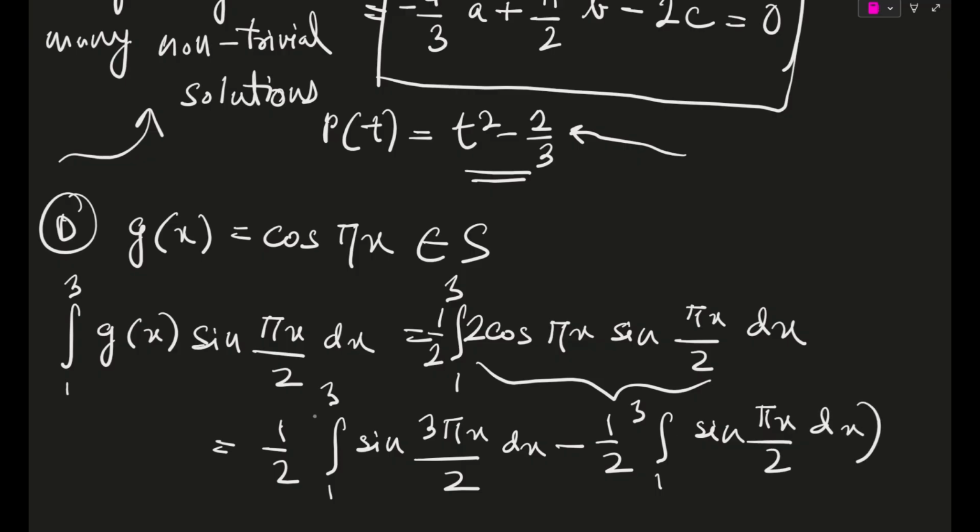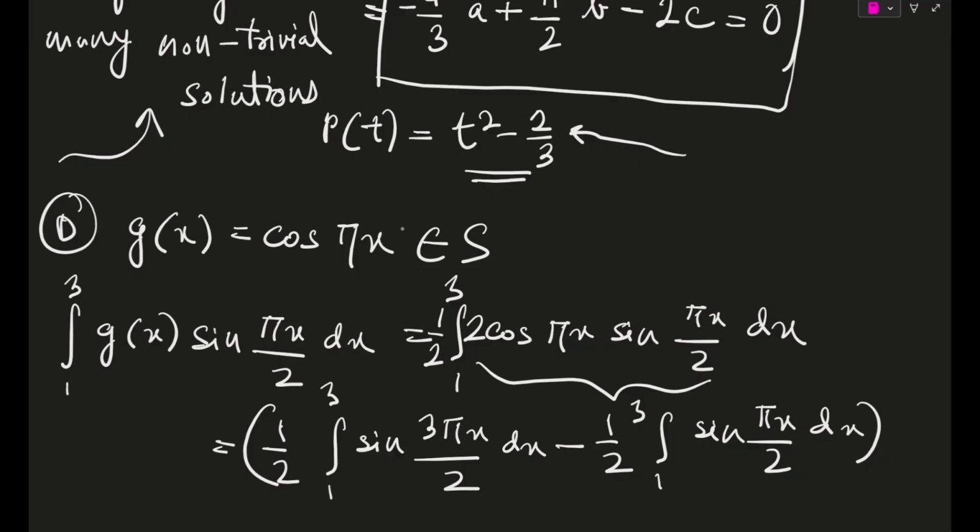You can understand these two integrals are nowhere going to be equal. One will have 1 by 3 pi in the denominator and the other will have, sorry, not 1 by 2 pi, 1 by pi. So there is no chance at all of this being equal to 0.